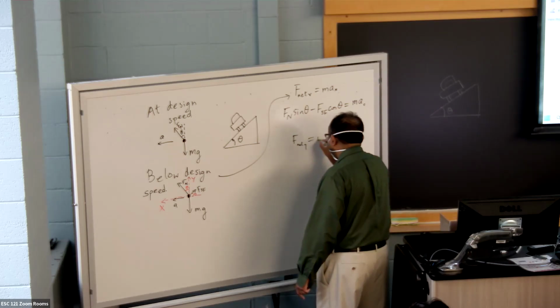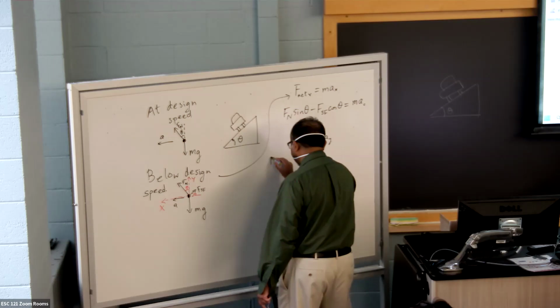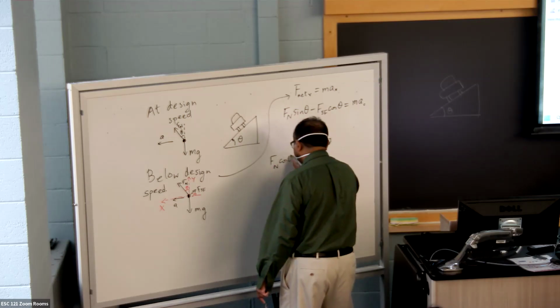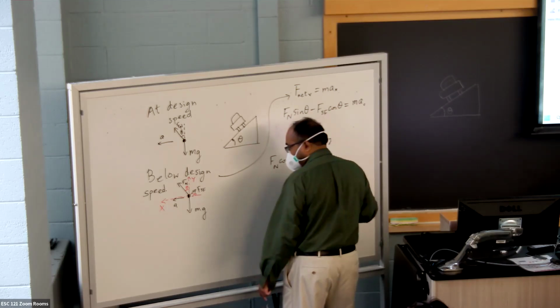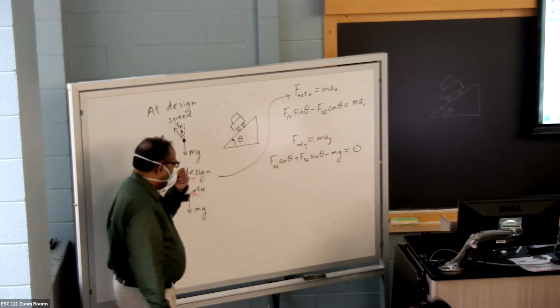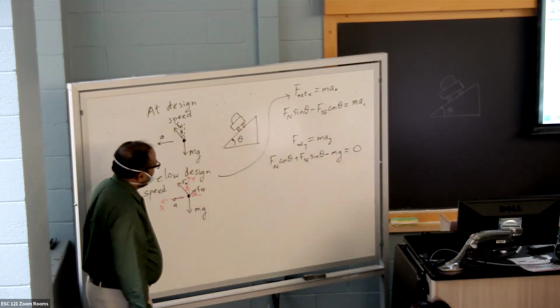And then in the y direction, I have F net y equals m a_y. And so now that would be Fn cosine theta plus FSF sine theta minus mg equals 0, because it's not accelerating in the y direction. And there you go.